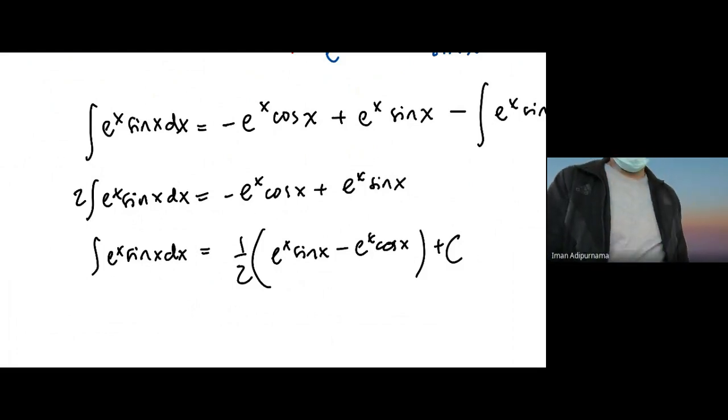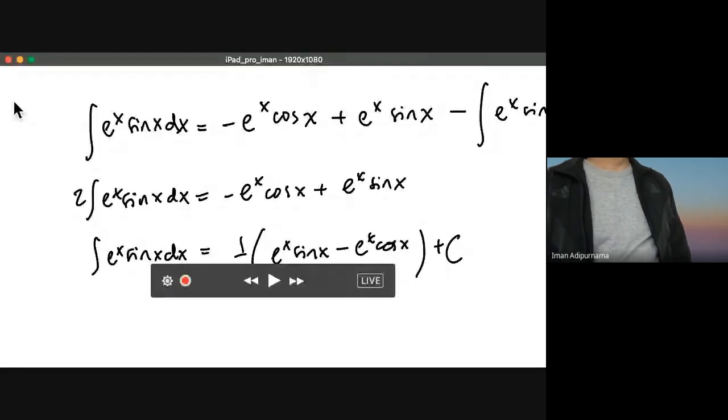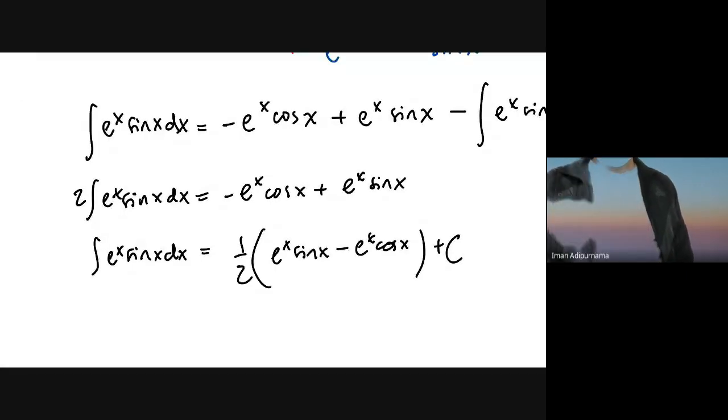I think that's it for today's class. Let me give you the QR code.